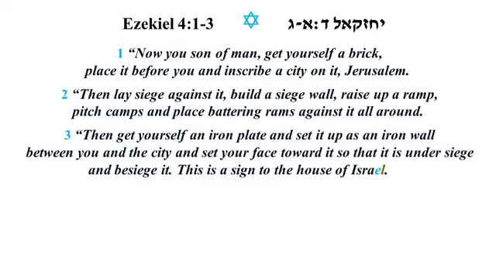Then get yourself an iron plate and set it up as an iron wall between you and the city, and set your face toward it so that it is under siege, and besiege it. This is a sign to the house of Israel. Okay, so this is all symbolic that Ezekiel is supposed to be doing, but it's showing that Jerusalem is about to be punished and laid siege to.